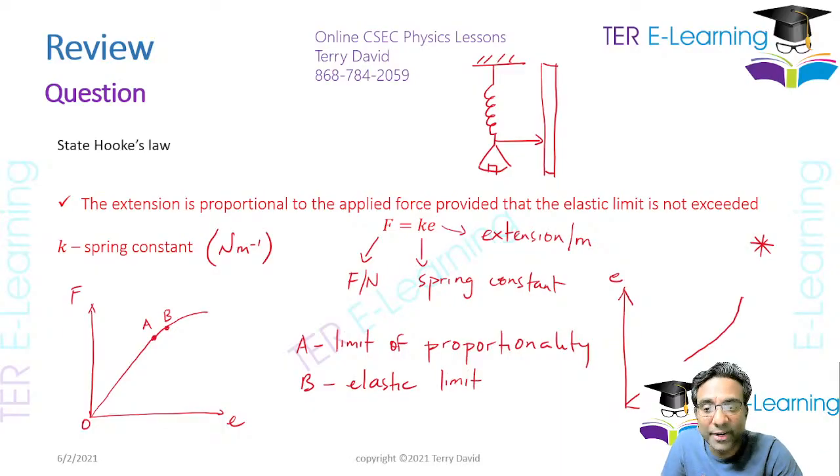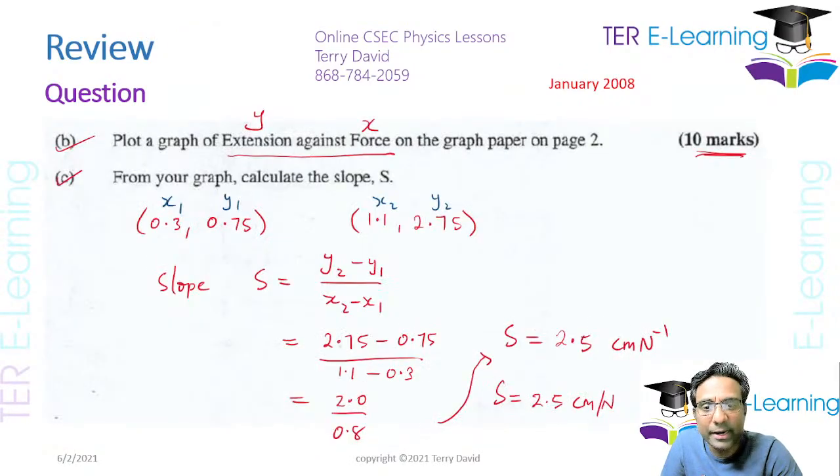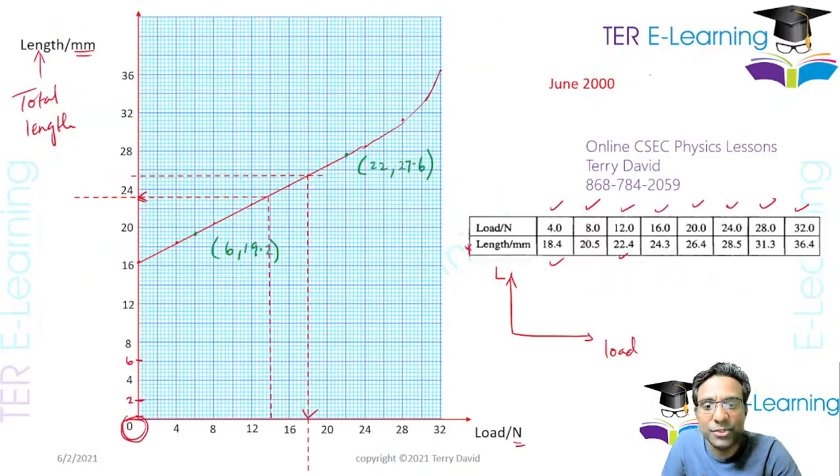I did two different kinds of questions for you all here, where we measured total length of the spring, and one where we measured the extension only, right? The first question we did was extension only. The second question had to do with total length. So make sure you know how to draw these two types of graphs.